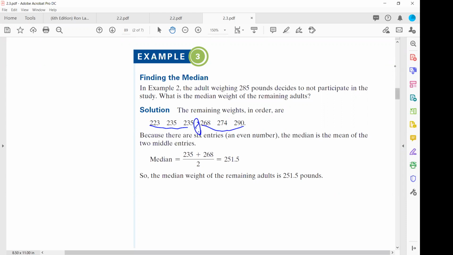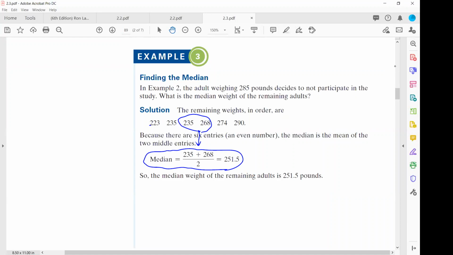So what should I do? In this case, the middle number is the average of these 2 numbers. So you take the middle numbers, add them together, and divide by 2 to find your median.